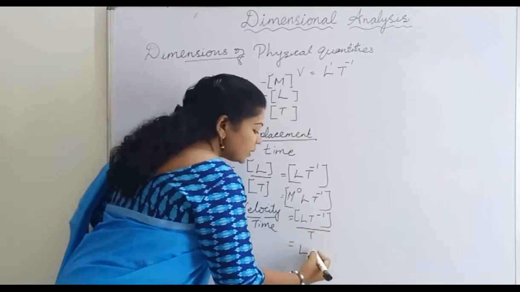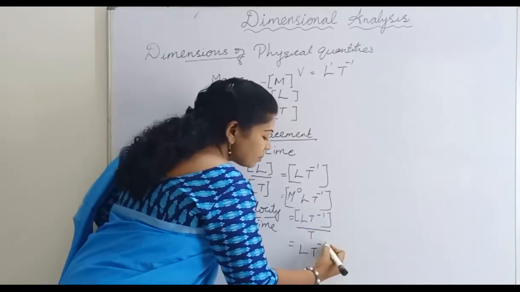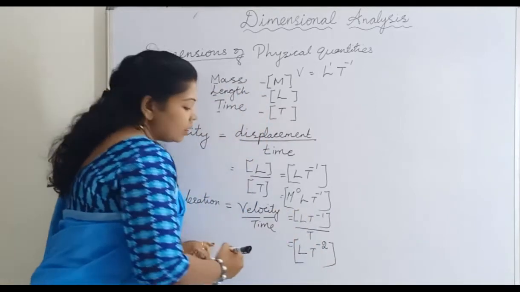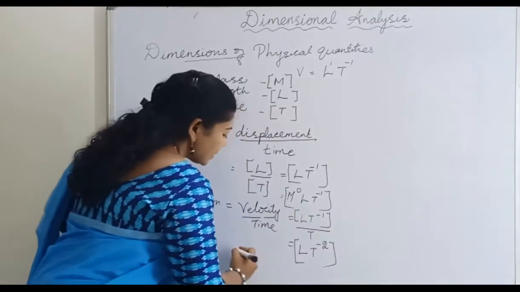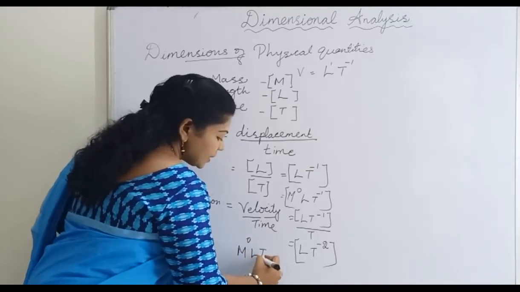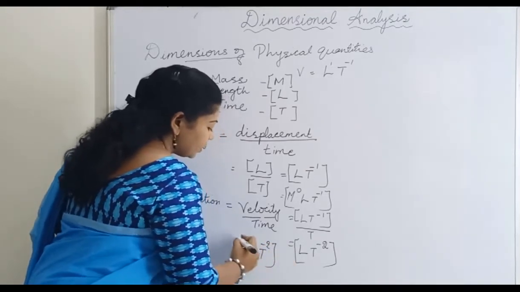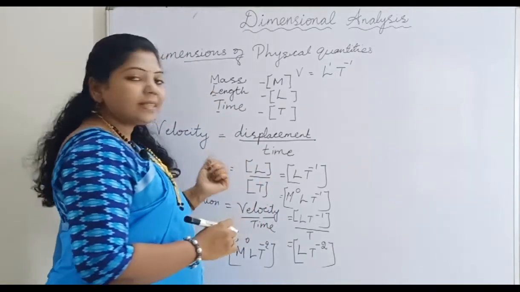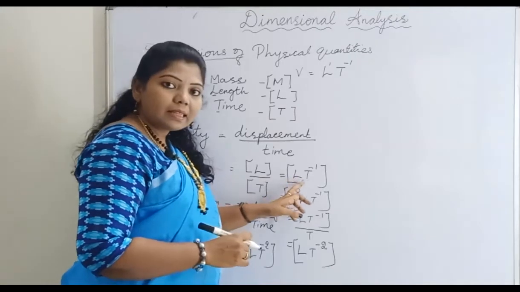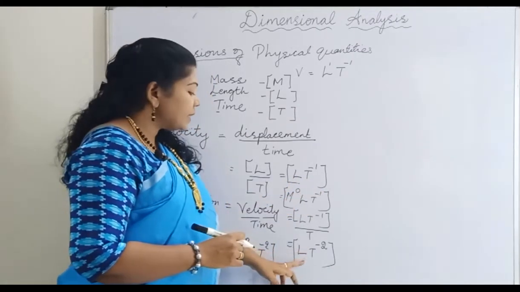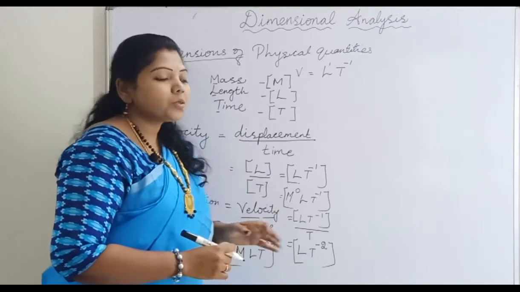Already there is one T power minus 1, so it becomes L T power minus 2, or M power 0 L T power minus 2. So keep in mind that for velocity the dimension is L T power minus 1, and for acceleration it is L T power minus 2.